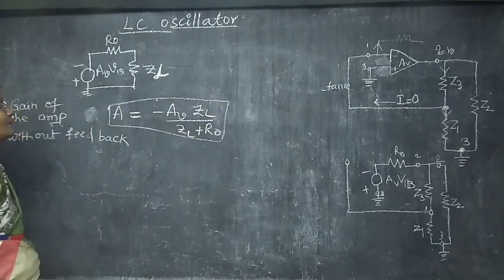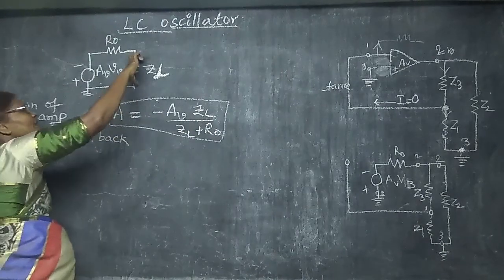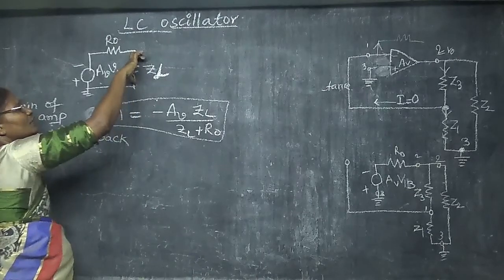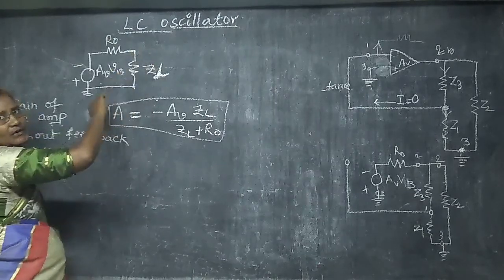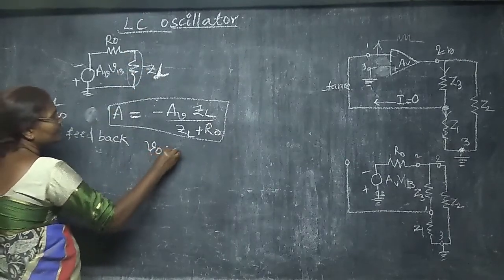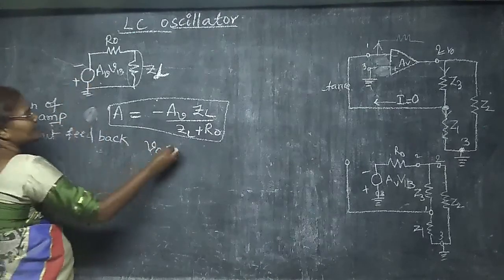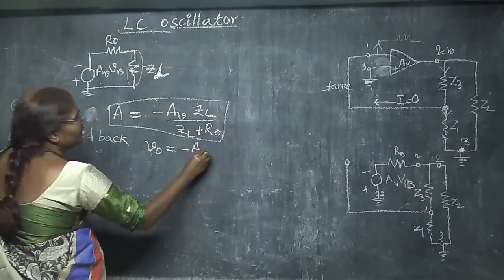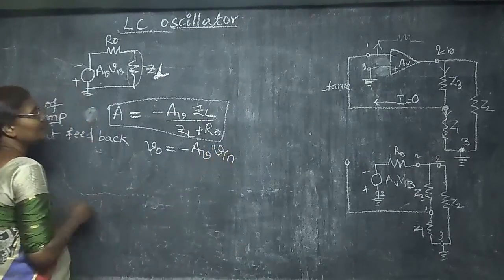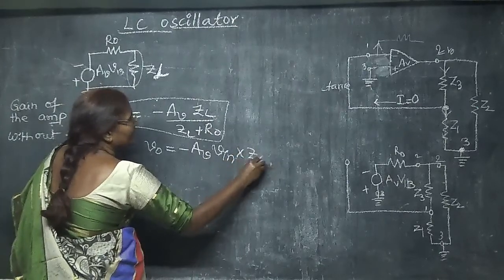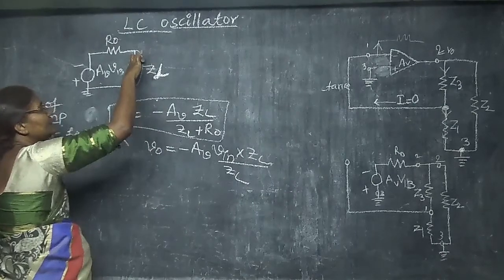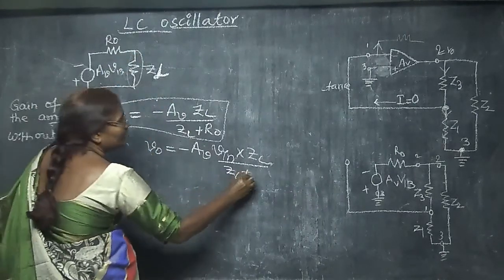What is the output across ZL? V0. What is the voltage drop across ZL? That is nothing but V0. So, what is the voltage V0 going to be? V0 is equal to this voltage, that is minus AV into V13, which can be written as Vin, into ZL by ZL plus R0, that means the impedance at this branch divided by the total impedance.